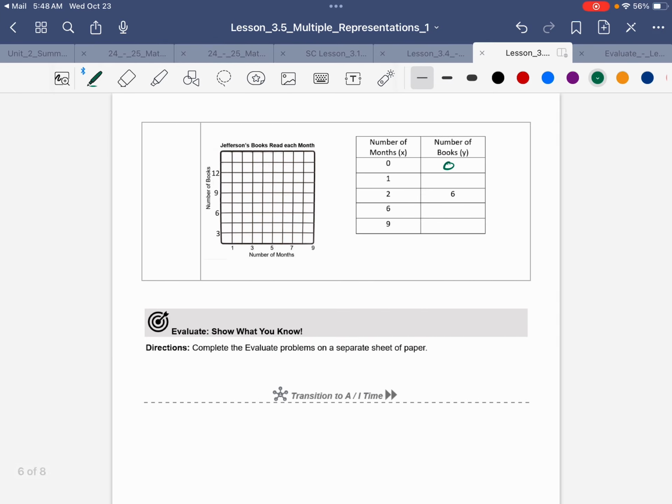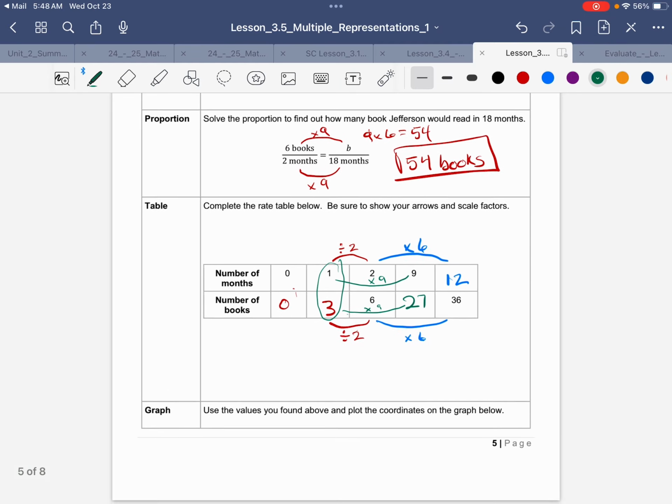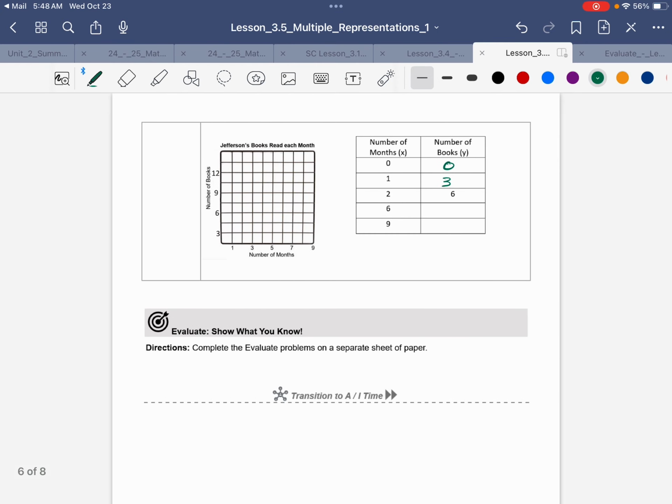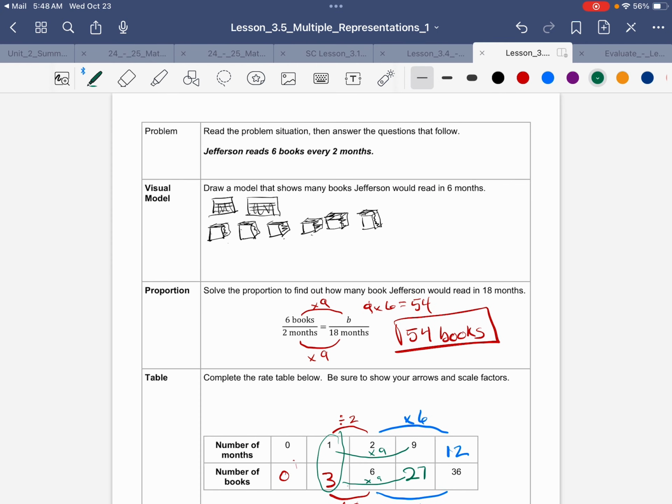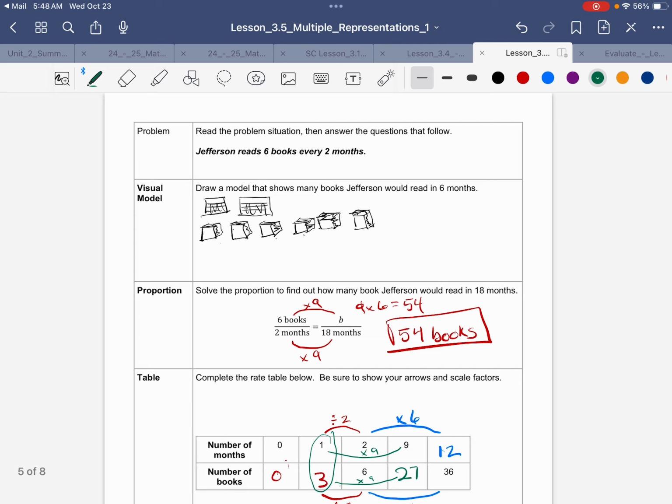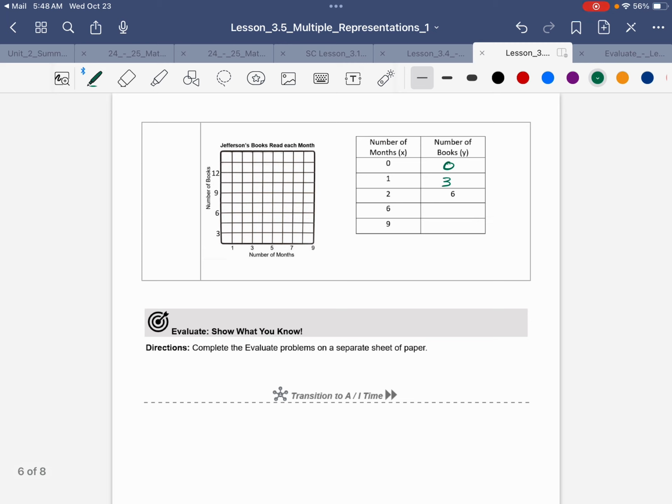Oh, we already got that. And then, we didn't find out 6. We have 9, 27, 12, and 36. 9 and 27. But we also can find this one too. We could do times 3 and times 3. That would be 18.